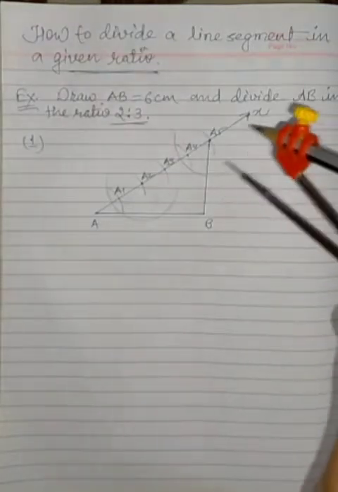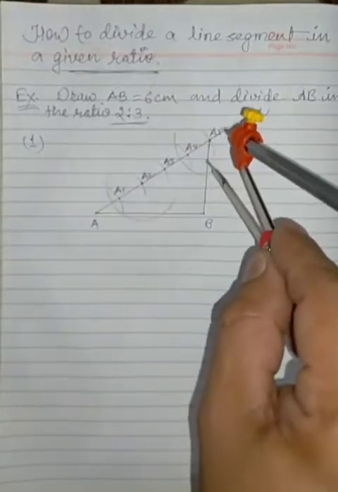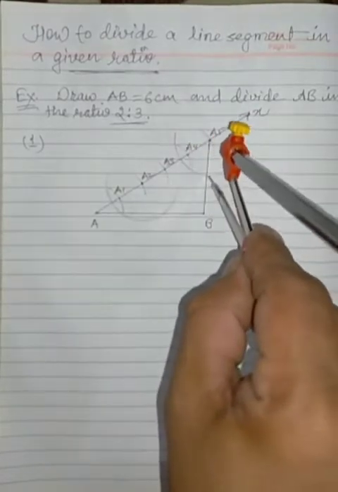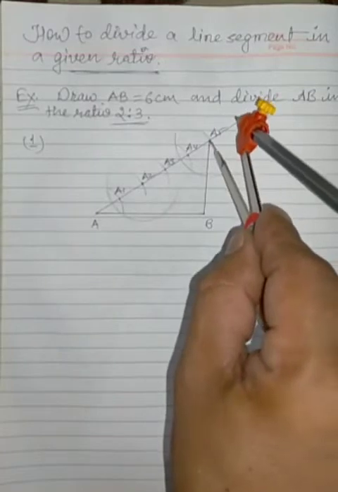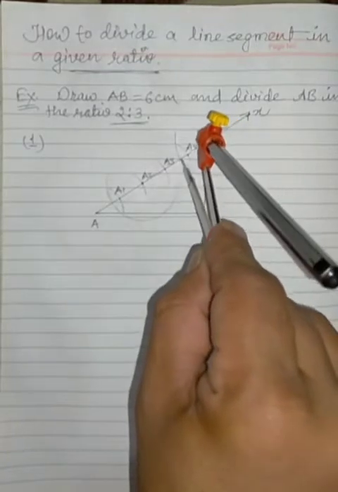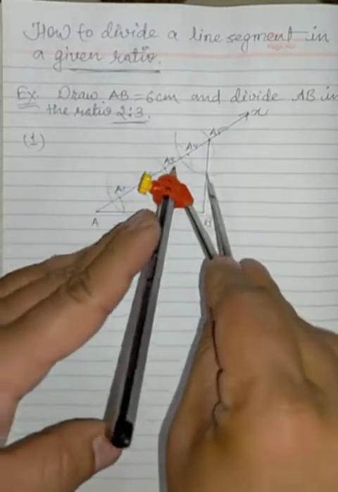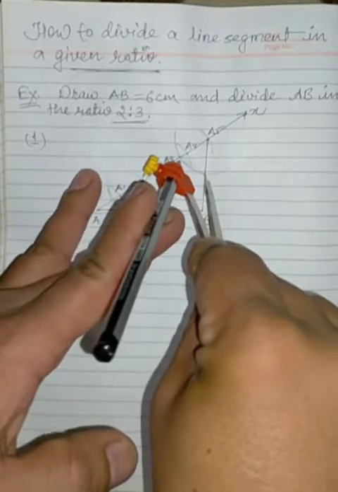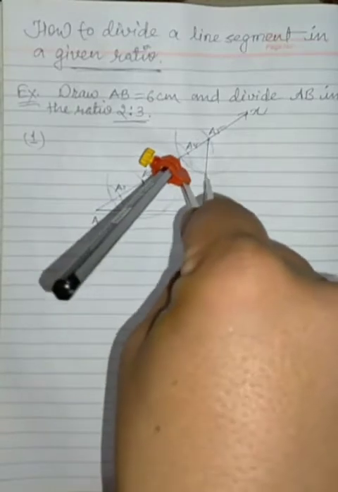Now after drawing the arcs from A5 and A2, you have to measure the angle between this point and this point. The arc which we have drawn from A5 is intersecting this line and this line, at here and here. So using the compass you have to measure it. This is the exact measurement of the angle.